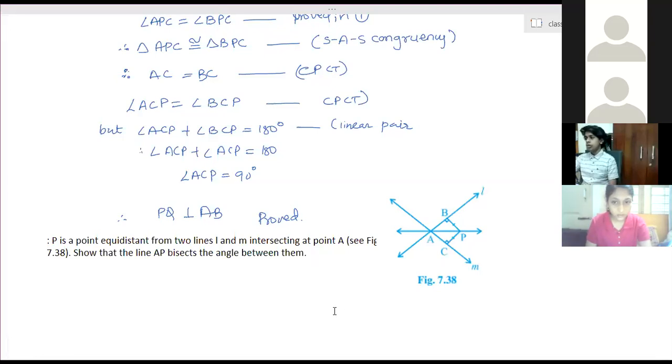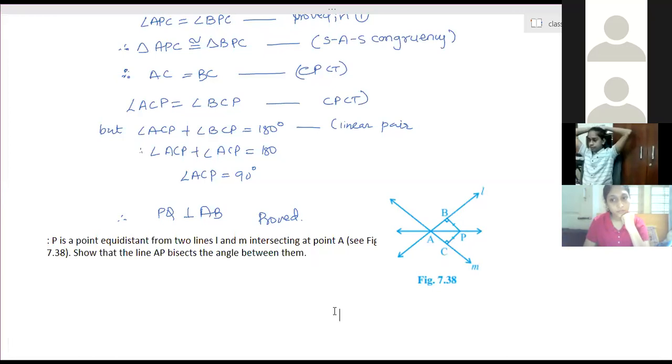Yes, Anurag? Ma'am, actually they have given it. What have they given? Where is it given? Ma'am, that BP and CP are equal. How? That's the reason I'm asking. Why are they equal?